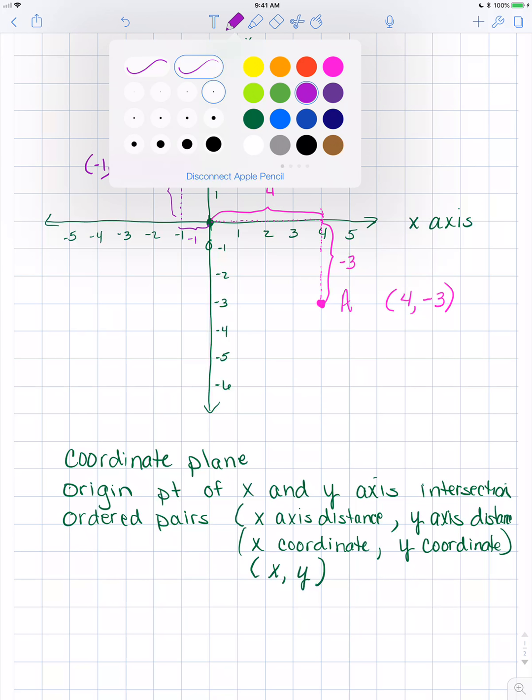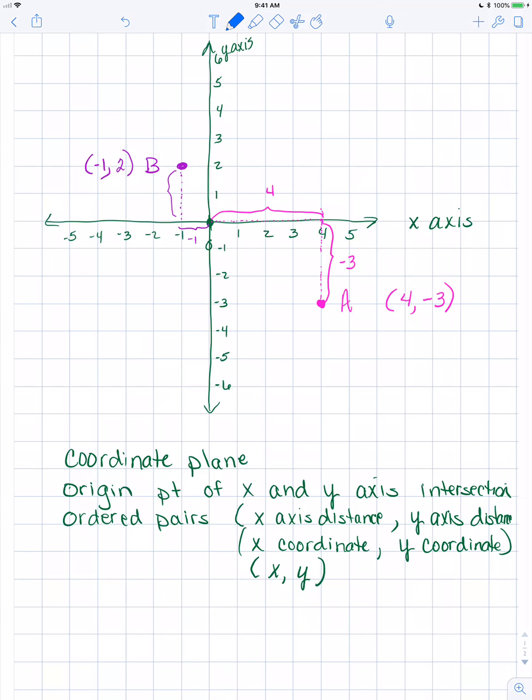So let's just do another one over here. All right, you try to see if you can figure out what this one is. Let's label it point C. And on our x-axis, how many units are we going? We're going 1, 2, 3, 4, 5.